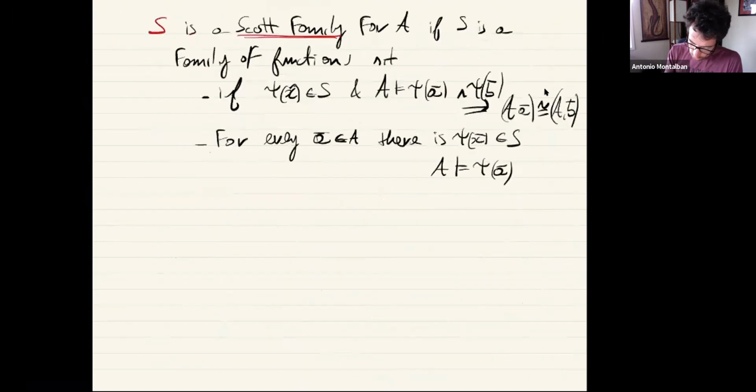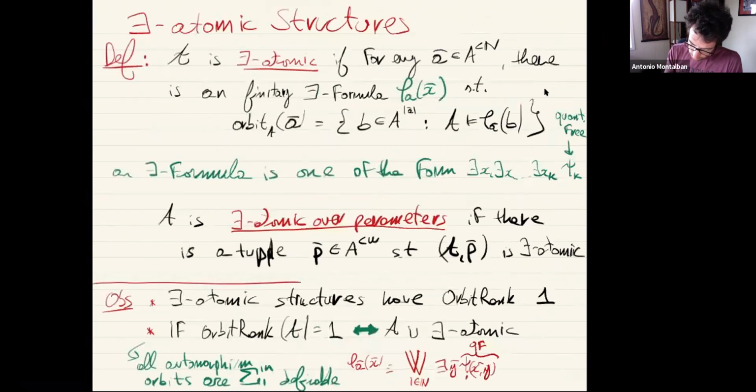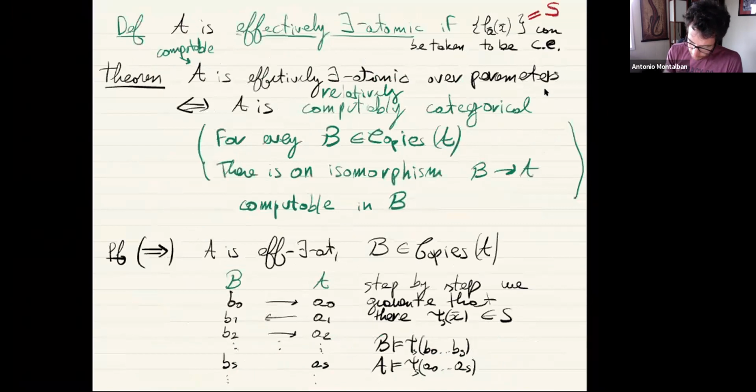And then I want to show the other direction of this theorem, that if you are uniformly computably categorical, then you are effectively atomic. So this is the case for rank 1.